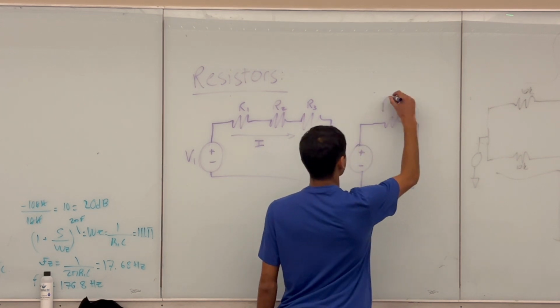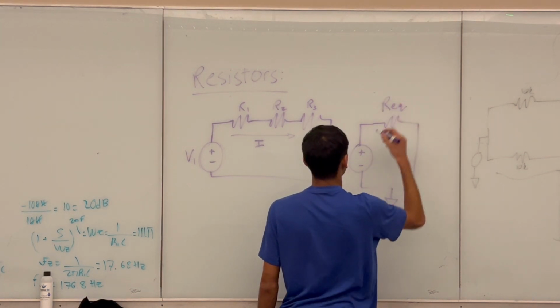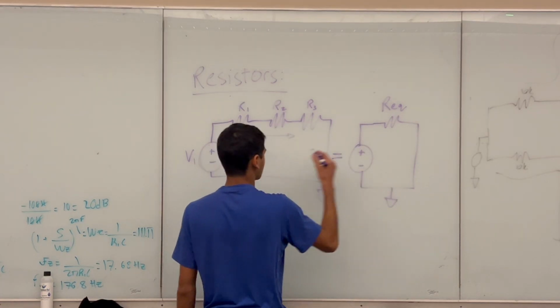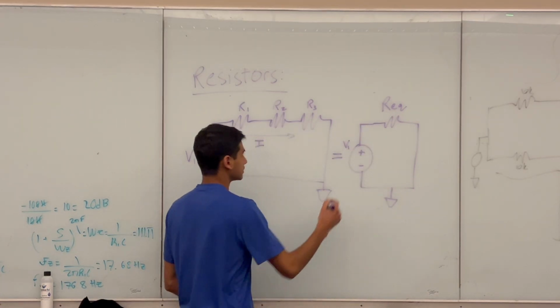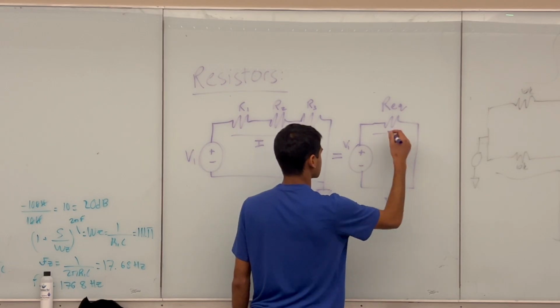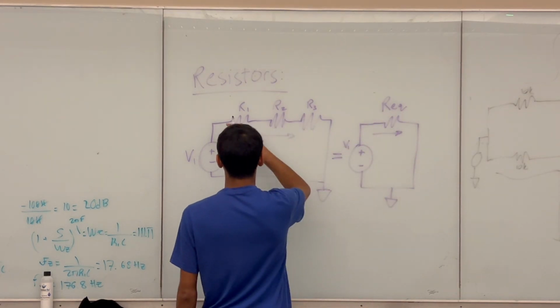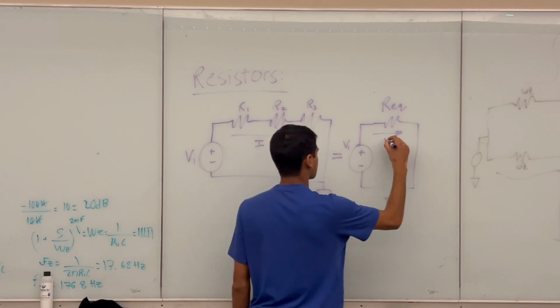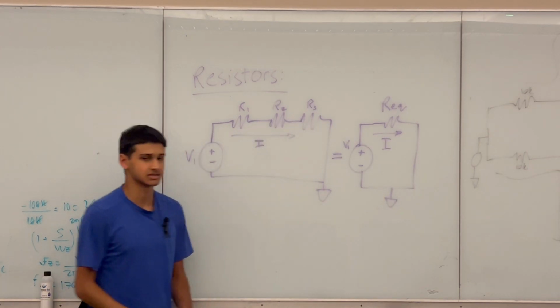I'm going to call this resistor Req to represent the equivalent resistance. And V1 is the exact same here. And one thing you're going to notice is that since this is just the equivalent version of this circuit, the current going through the circuit is the exact same.